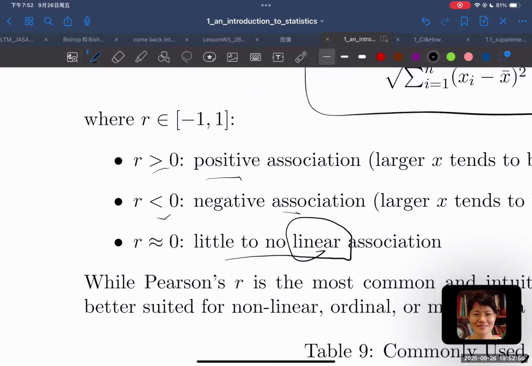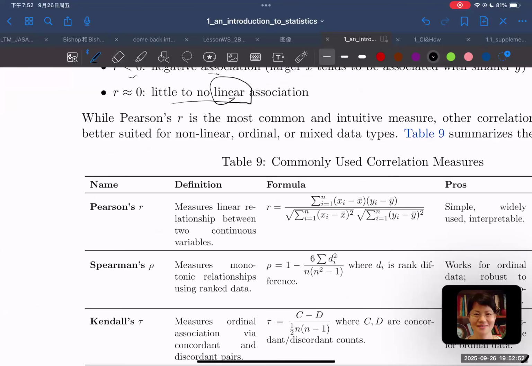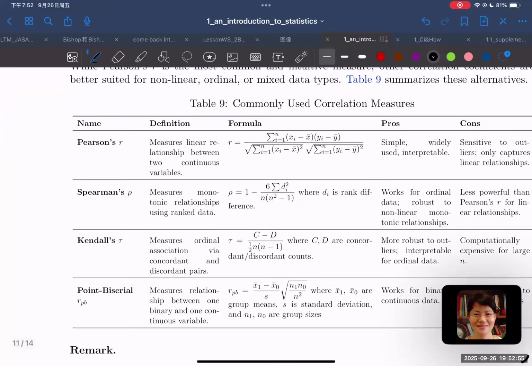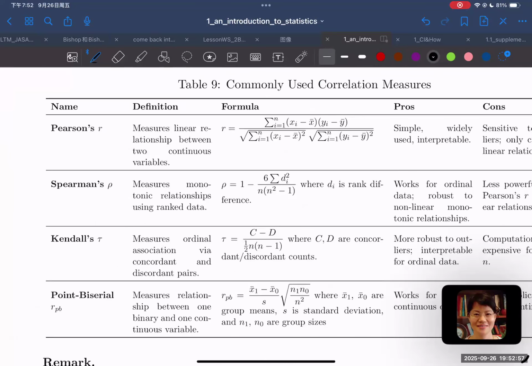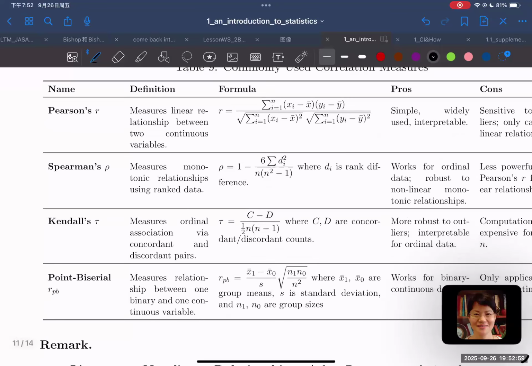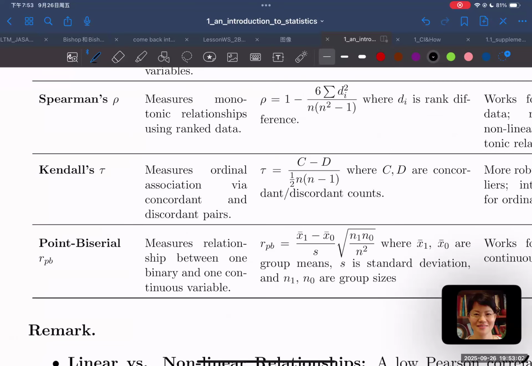But besides this very common one, we have several other choices you should keep in mind. Like Pearson, and the next ones are Spearman's rho, Kendall's tau, and point biserial r. This one seems very easy. Point biserial r_pb measures the relationship between a binary variable, meaning discrete, and a continuous variable.